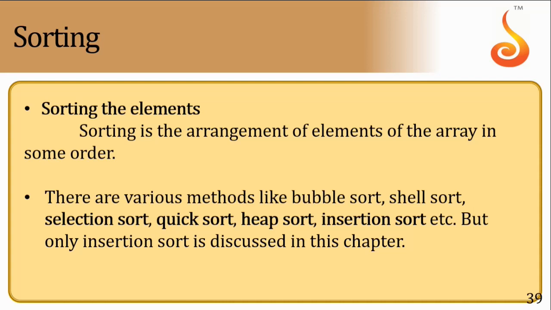The techniques are different from one another. That is, the procedure of sorting is different, but the end result is the same. That is, you get an unsorted list, and if you want it in ascending order, you get a sorted list in ascending order. You can apply any of these sorting techniques, but the end result will be the same, but the procedure or the technique is different.